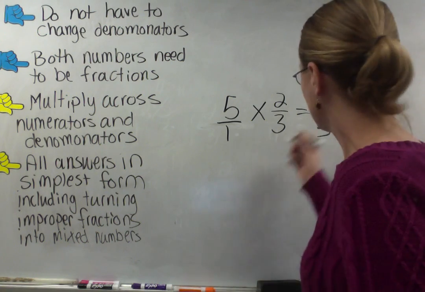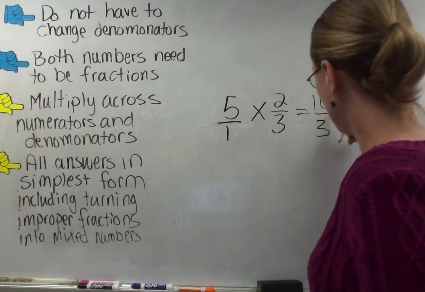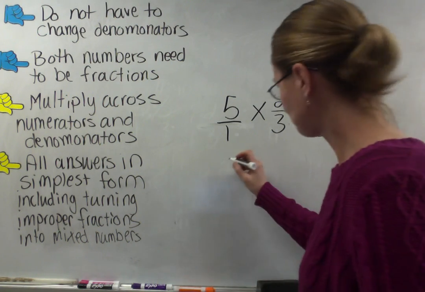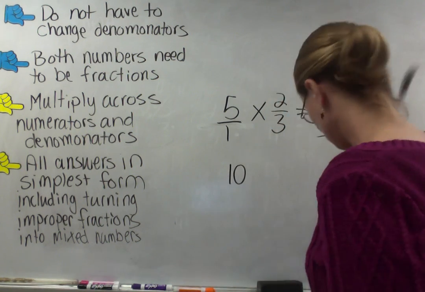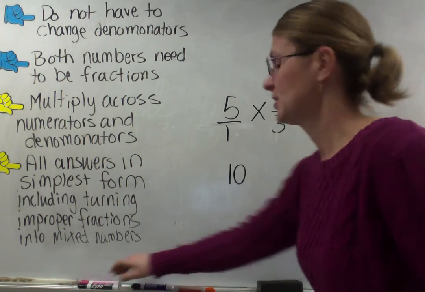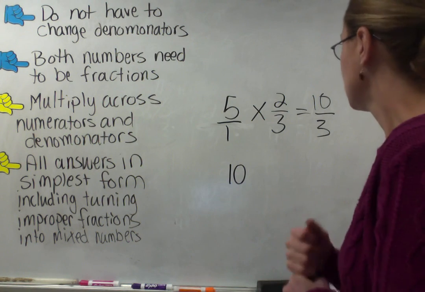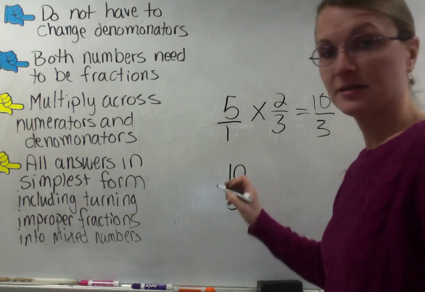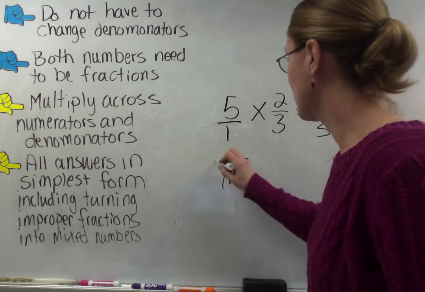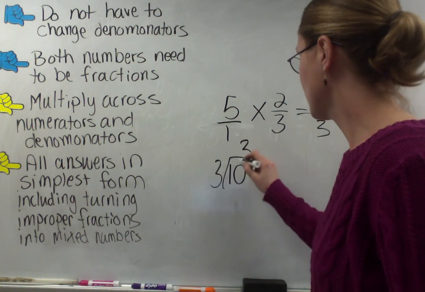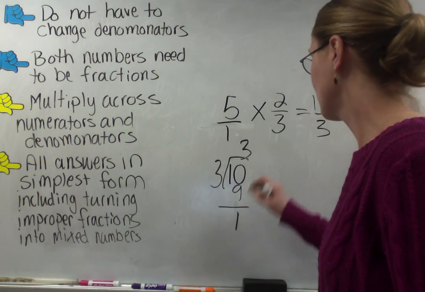Again, to turn an improper fraction into a mixed number, you're going to take the numerator divided by the denominator, okay? So you're going to do top divided by bottom. 3 goes into 10 3 times, which is 9. I have 1 left over.